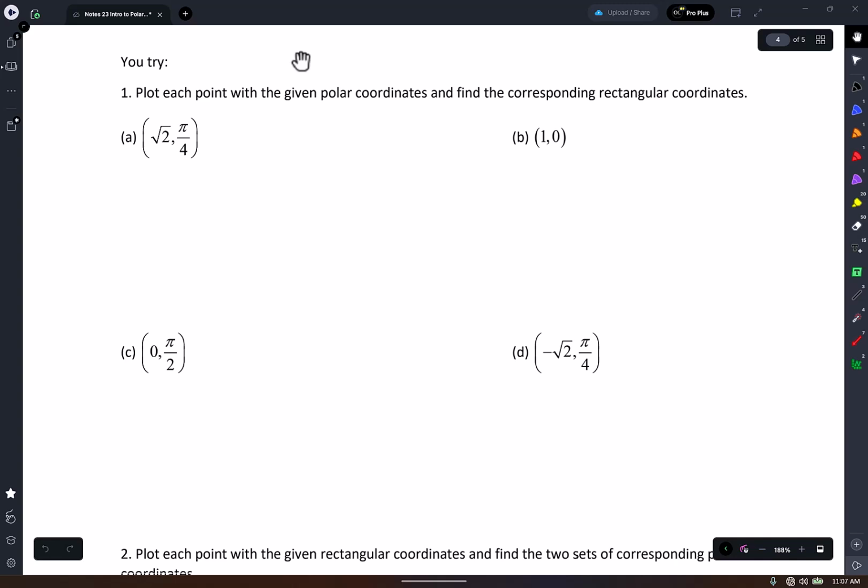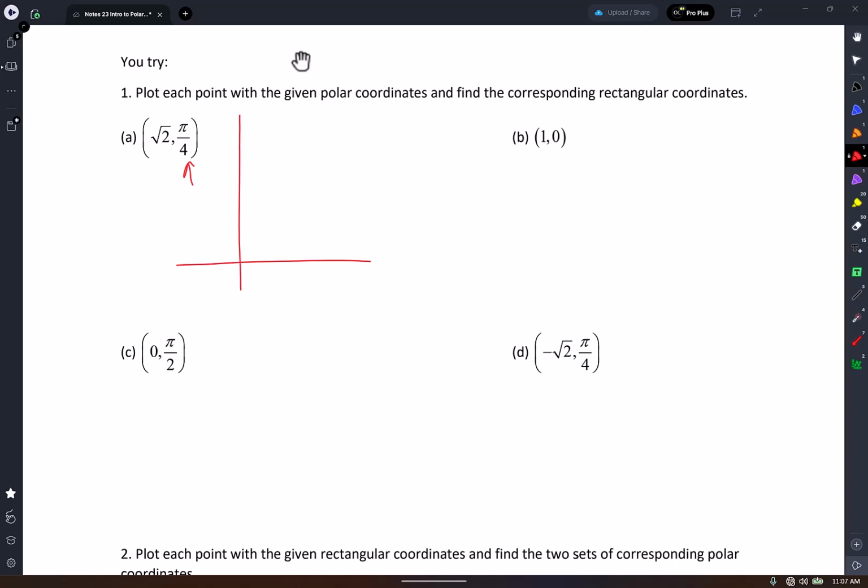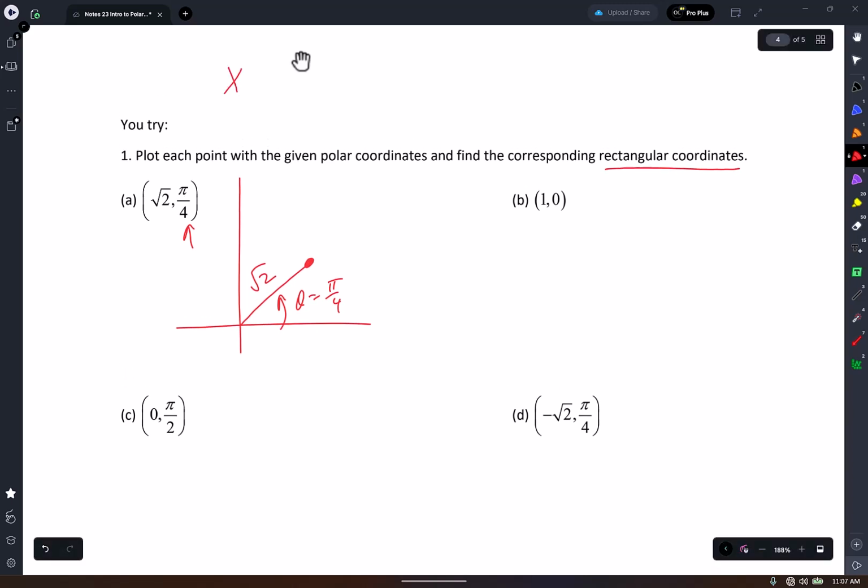Letter A. We have square root of 2 comma pi over 4. What are you going to do first? You do the pi over 4 first, and then do the square root of 2. So pi over 4 is right here. See? Theta equals pi over 4. And I'm going to say this distance is square root of 2. And it wants the rectangular coordinates. Okay, well, since it's pi over 4, I guess you don't have to if you think about it enough, but x equals r cosine theta.